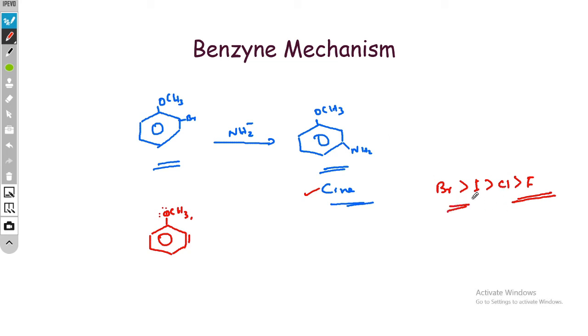The difference in this order, bromine greater than iodine, is because when the leaving group is bromine or iodine, proton removal is the rate determining step. When chlorine or fluorine is the leaving group, cleavage of the C-X bond is the rate determining step. That is why the order is like this. But the point I should mention is that the least reactive is fluorine, so it is not the SNAr mechanism.